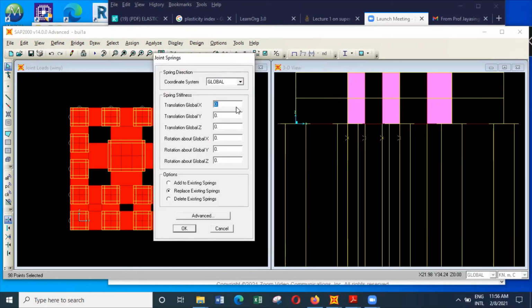And the spring constant, if you look at the top level, it is constant and 1675 kilonewtons per meter cubed. So each spring is representing a height of 2 meters. So over the first 4 meters, we have a spring constant of 1675. So this spring is actually representing the soil from 1 to 2 meters and 2 to 3 meters.